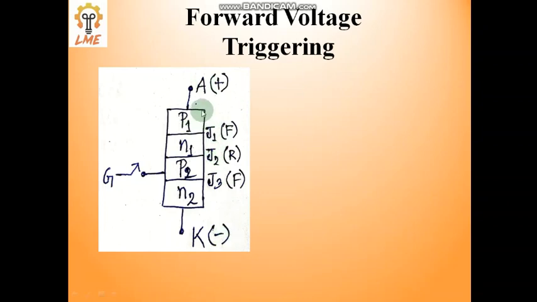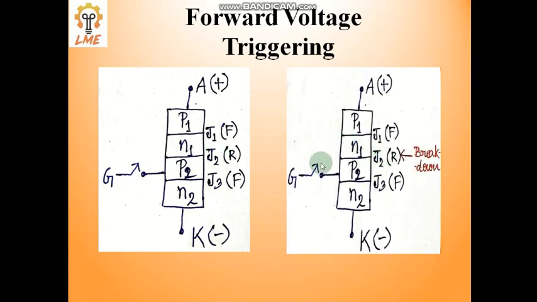With the increase of that, what will happen? The pressure on the dielectric strength of the J2 layer will increase. So once upon a time, the junction 2 dielectric layer will break down by the polarity difference pressure created by anode and cathode. When this breaks down, the device goes to conduction mode.